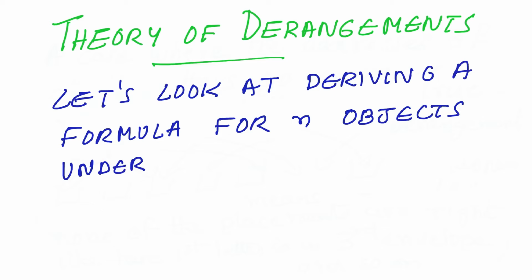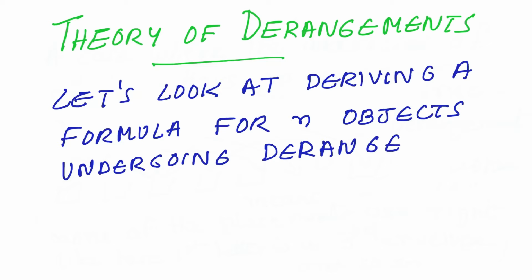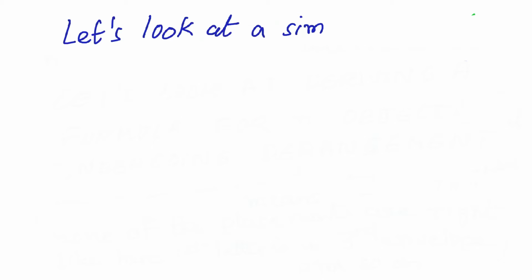And later on, we'll be looking at the general formula for derangement dealing with n objects. So, using letters, we can do it in a simple, clearly understandable manner. So let's look at the case of 4 letters, a simple case of 4 letters.